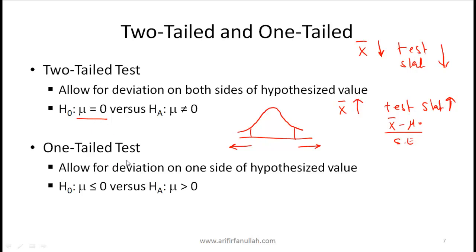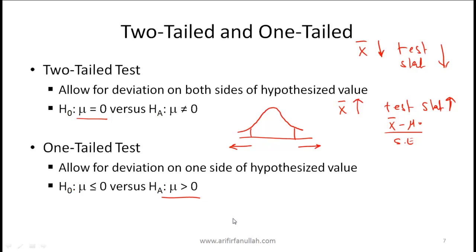A one-tailed test, on the other hand, only allows for a deviation on one side of the hypothesized value. So here now, if you believe that the population mean is greater than 0, you will then set up a null hypothesis that says that mu is less than or equal to 0.